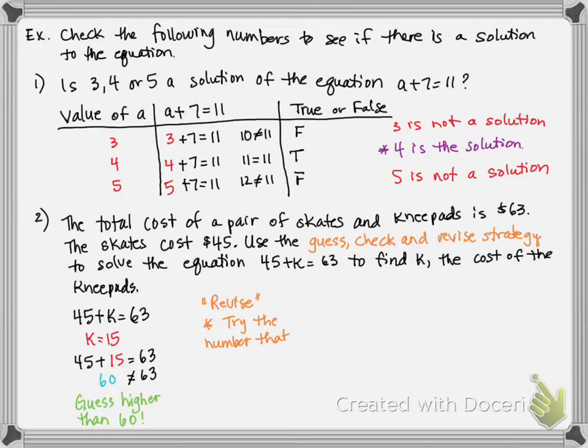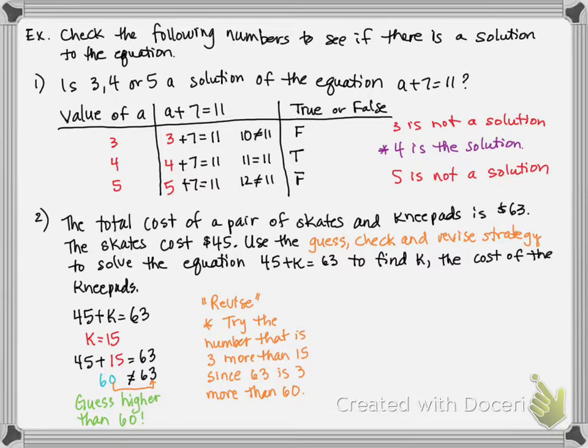Okay, so try the number that is 3 more. Okay, 3 more than 15, since 63 is 3 more than 60. Okay, so that's what we're going to do with the guess and check and revise strategy.